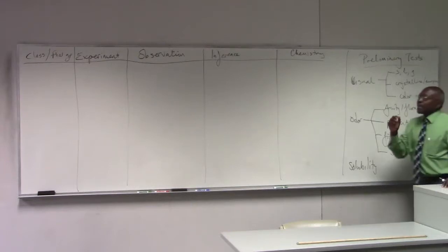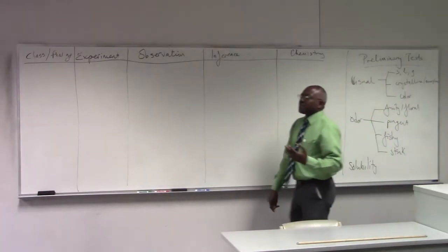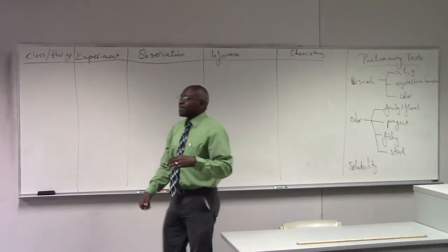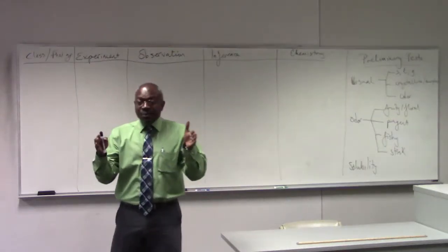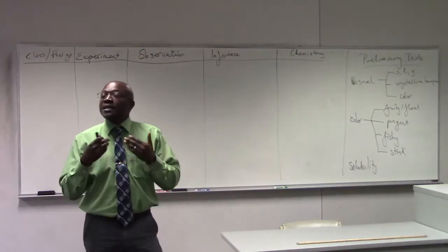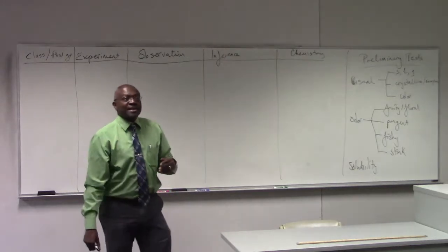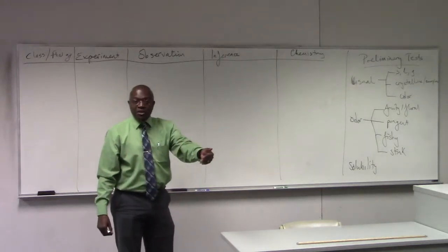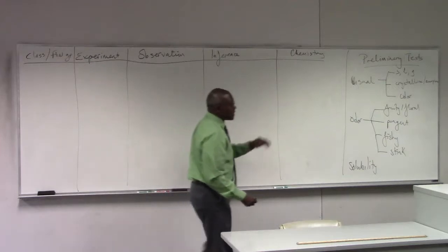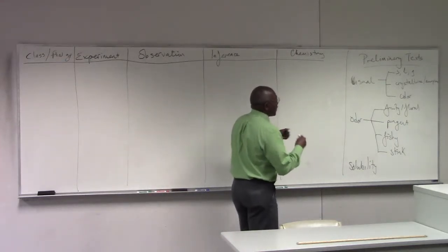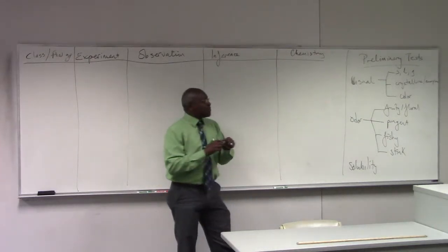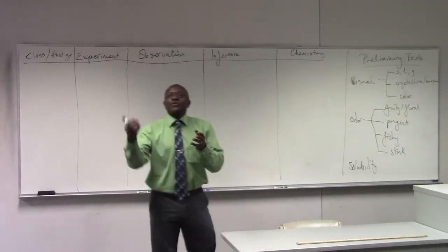Then color. Most organic compounds are white, which means they're not absorbing light in the visible band. If the compound is colored, what that tells us is that there is extended conjugation. And we'll see that in more detail later on. But for something to be colored, it must be absorbing light.